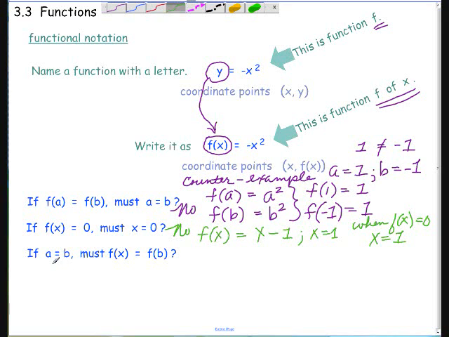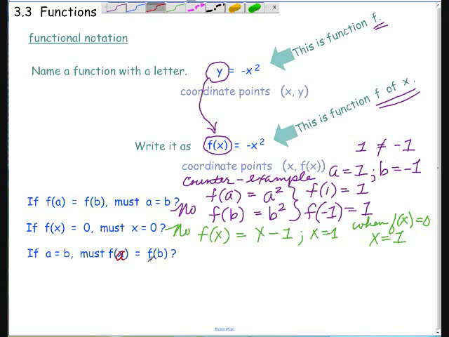No. If A equals B, oh, I think this is a typo. Sorry about that. This should say A. If A equals B, must function A equal function B?